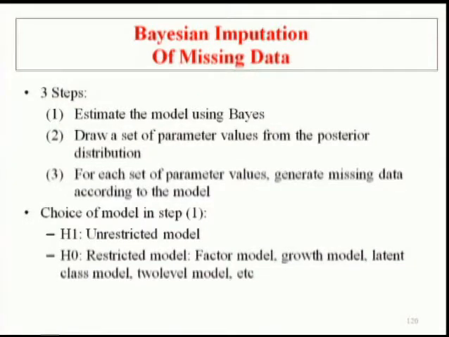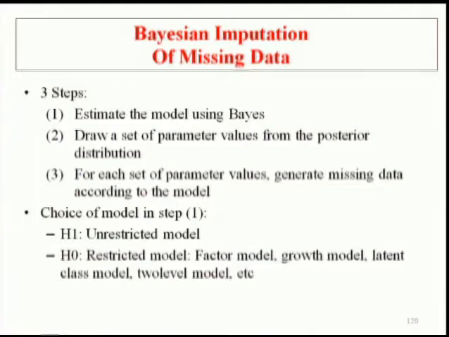You've already done step 1, but you iterate through steps 2 and 3, say 5 times. And you will end up with 5 different data sets where there is no missing data anymore. You filled in the missing values according to this approach.